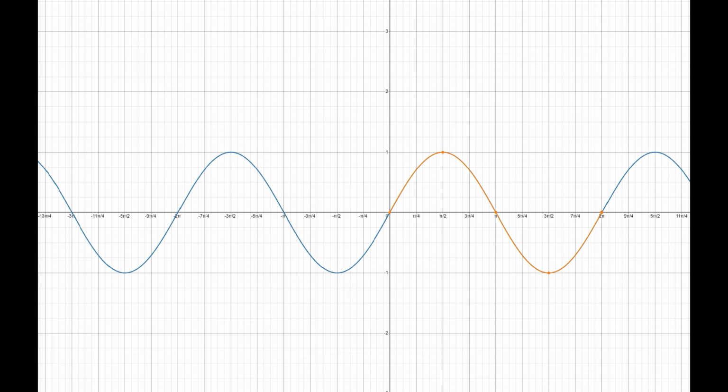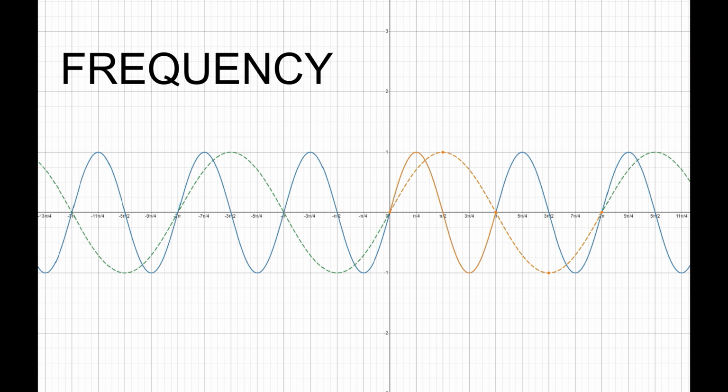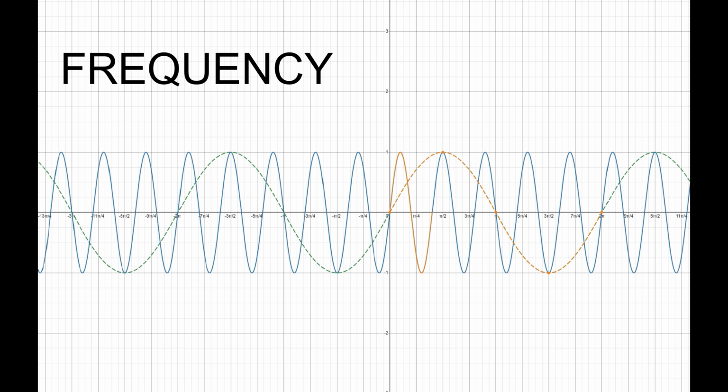Now there are three things that we can change about the sine wave that I want to take you through. So one aspect that can be changed that we already talked about is the frequency, right? This is the frequency here. So the more cycles that we go through in a second, the higher the frequency, right?